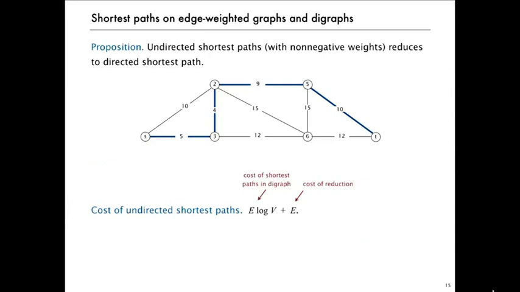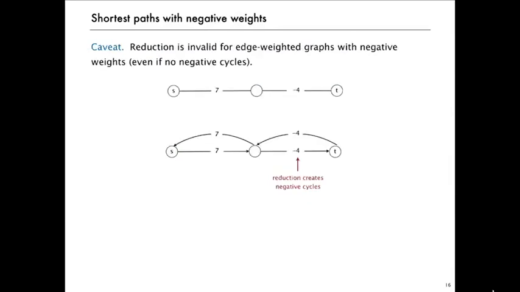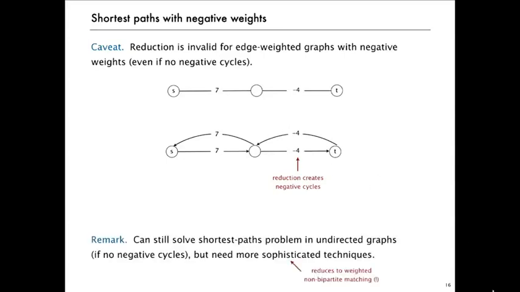The cost this time is the cost of pre-processing to just take the graph in its undirected form and convert it to directed form, and then the cost of shortest path in the digraph is E log V. So that gives us an algorithm for shortest paths in undirected graphs. Notice that it doesn't work if there's negative weights in the undirected graph, because the reduction creates a negative cycle. It is possible to find shortest paths in these graphs, but you need a much more sophisticated algorithm to do it.